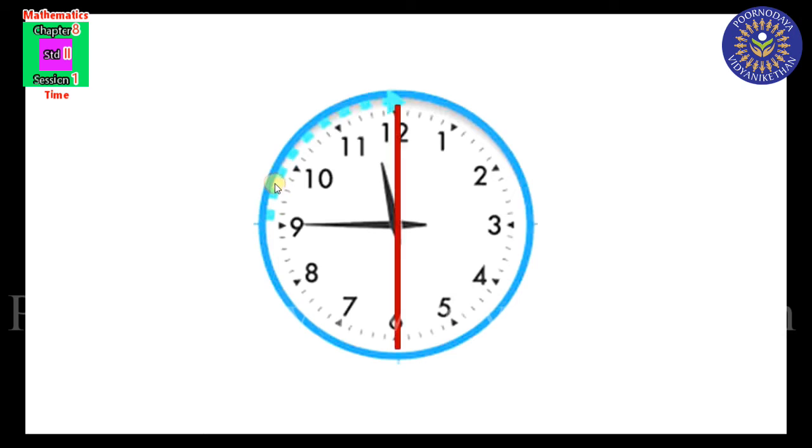If we divide the clock into 4 equal parts, 1, 2, 3, 4, each part is known as a quarter. The first quarter is known as quarter past. So, the first quarter is 15 minutes. 3 into 5, 15. 15 minutes is known as quarter past.